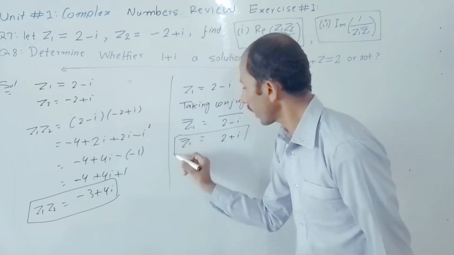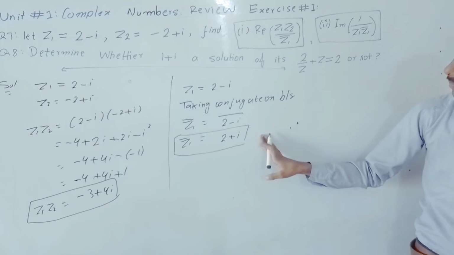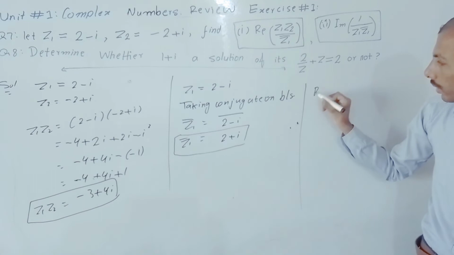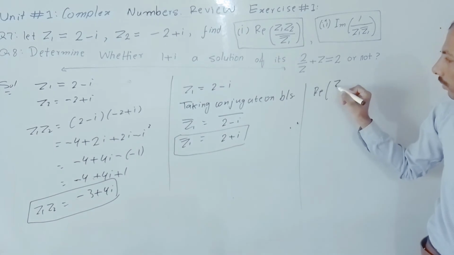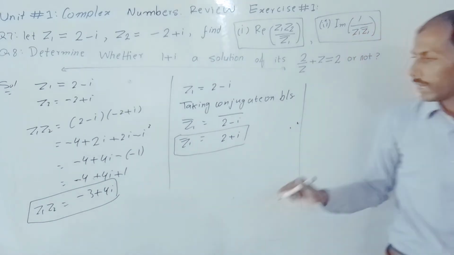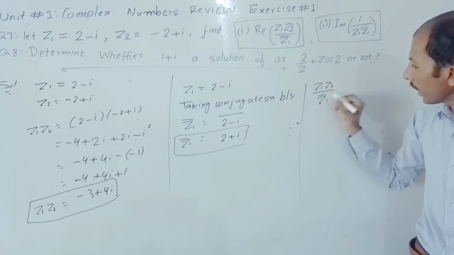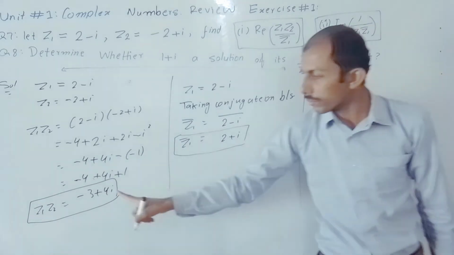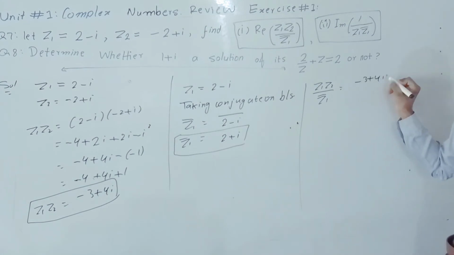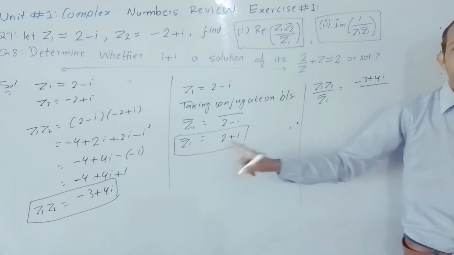So z1 conjugate is equal to 2 plus iota. Next part number 1, that is real of z. So next z1 z2 divided by z1 conjugate, where z1 z2 is equal to minus 3 plus 4 iota divided by z1 conjugate is equal to 2 plus iota.